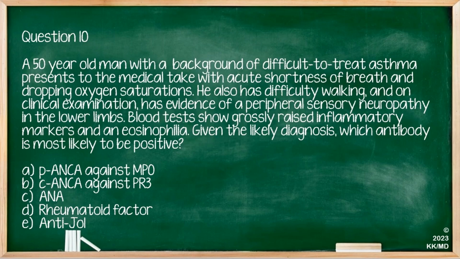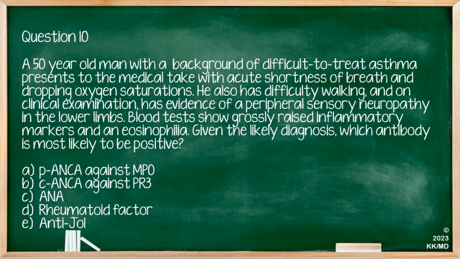Question 10. A 50-year-old man with a background of difficult to treat asthma presents to the medical take with acute shortness of breath and drop in oxygen saturations. He also has difficulty walking and on clinical examination has evidence of peripheral sensory neuropathy in his lower limbs. Blood tests show grossly raised inflammatory markers and an eosinophilia.